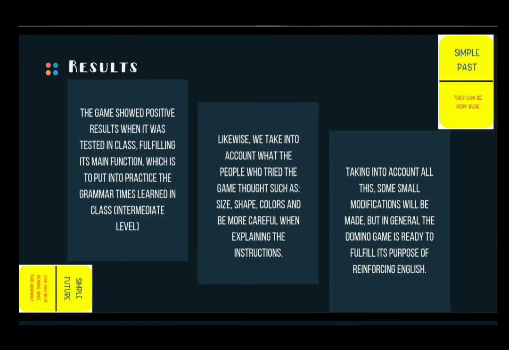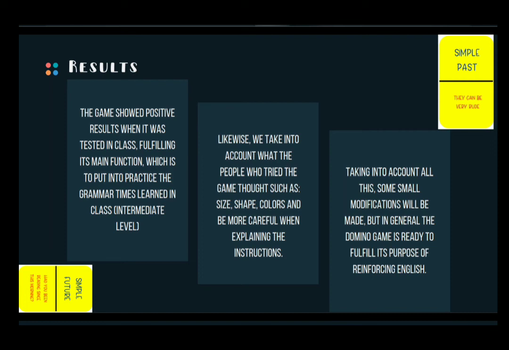Results. The game showed positive results when it was tested in class, fulfilling its main function, which is to put into practice the grammar tenses learned in a class, intermediate level. Likewise, we take into account what the people who tried the game thought, such as size, shapes, color, and to be more careful when explaining the instructions.